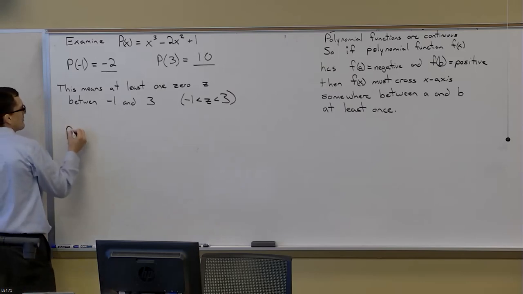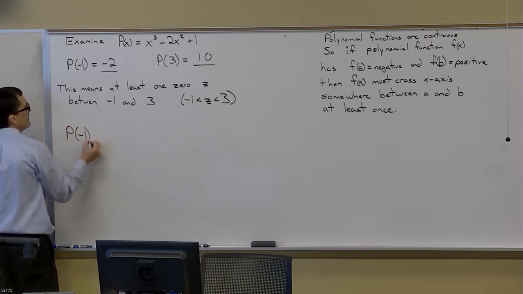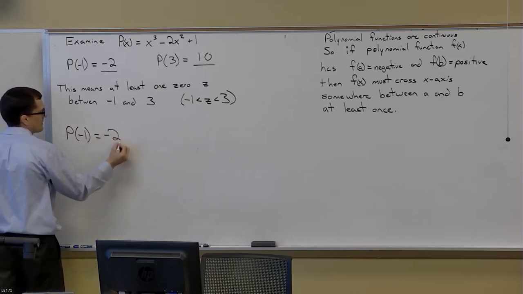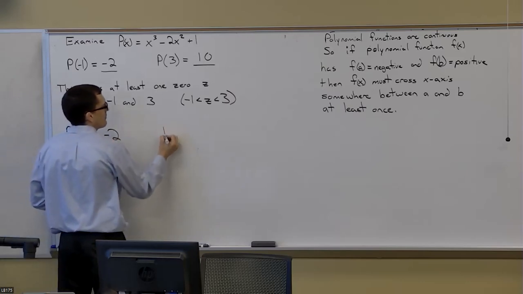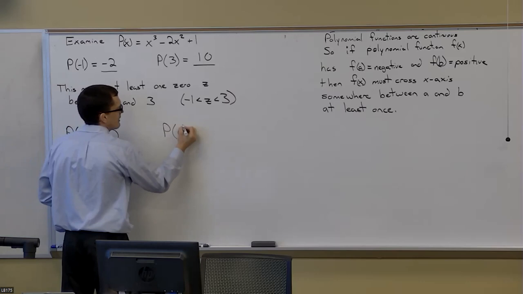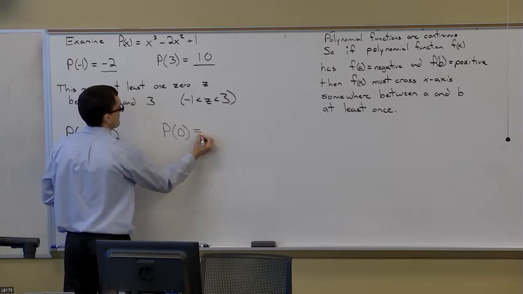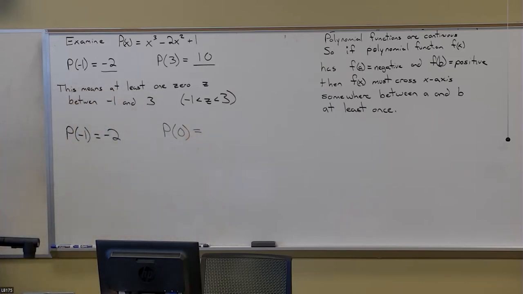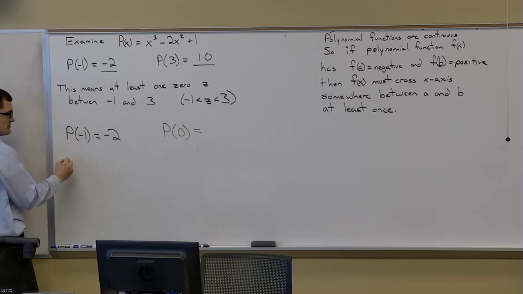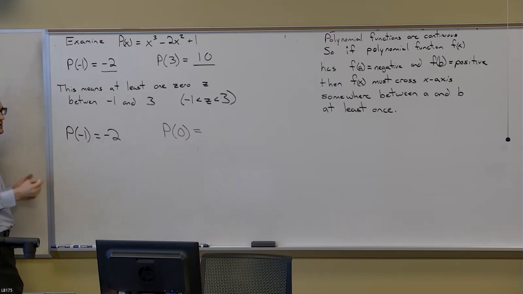How about this? I want you to plug in -1. We already did that, so we got -2. I want you to plug in 0 and see what you get. And then ask: does this imply there's a zero between -1 and 0?